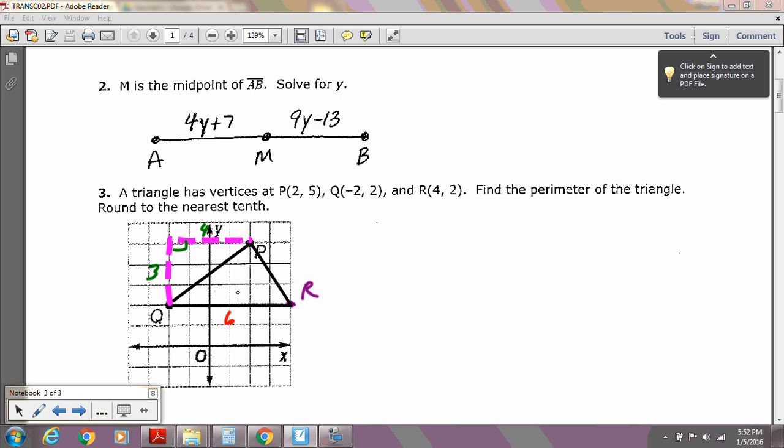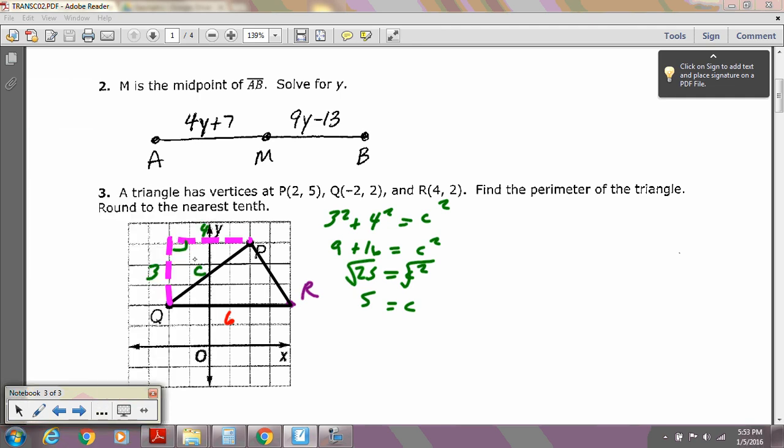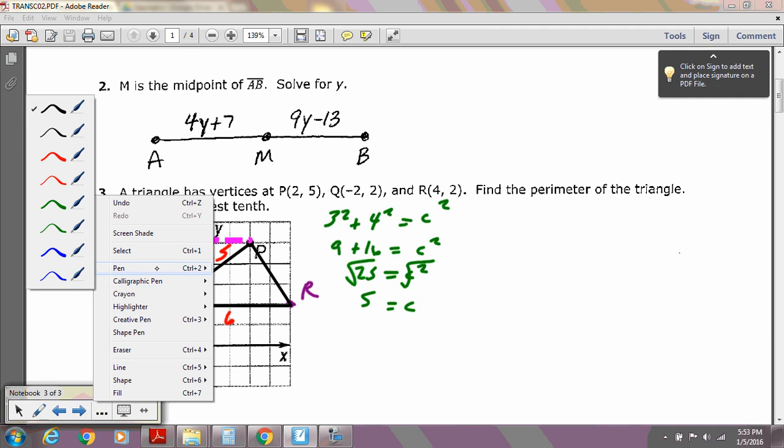So I would use 3 squared plus 4 squared is equal to C squared, because this is C. So that's 9 plus 16 equals C squared. 9 plus 16 will give you 25. And then you take the square root of both sides. So 5 is C. So QP equals 5.